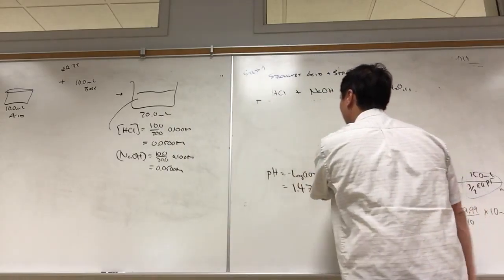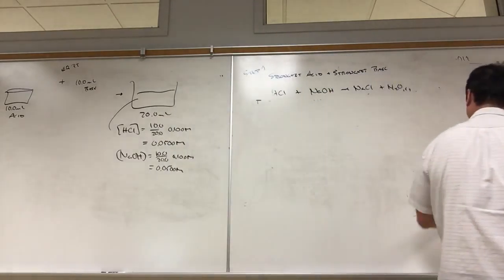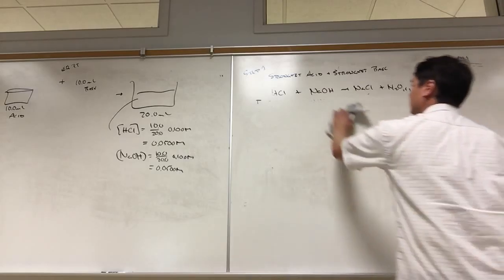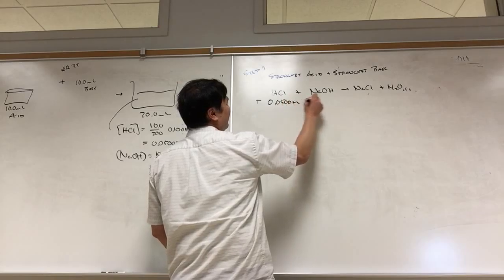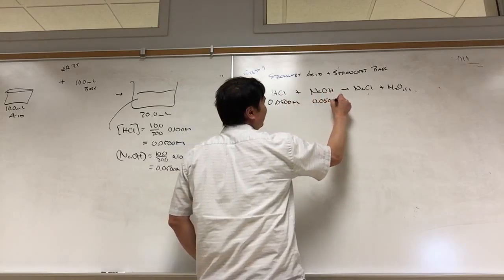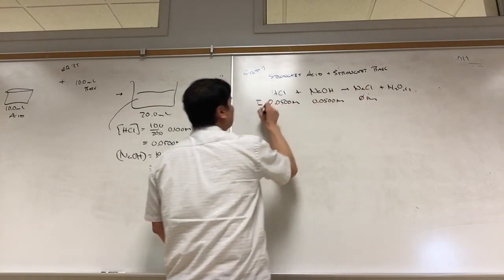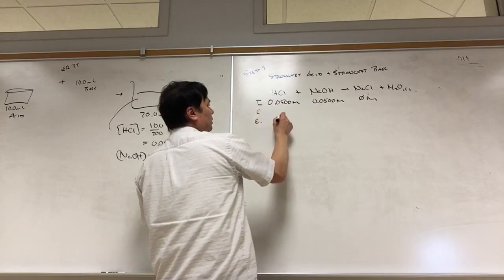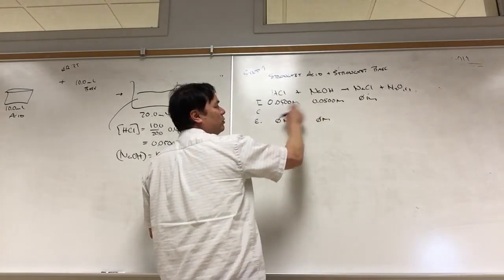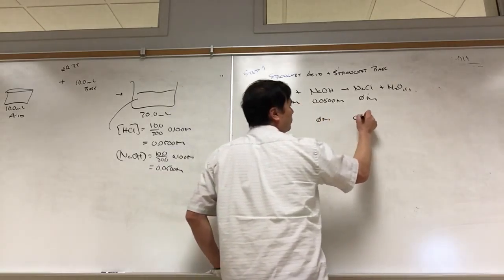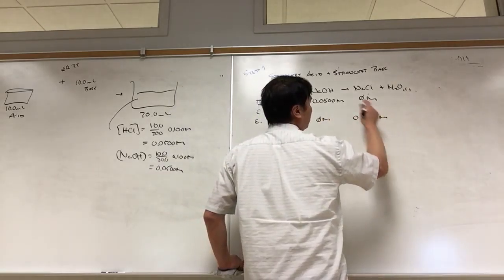So let's go ahead and plug that in up here. This is 0.0500, 0.0500, and 0. Well, it's stoichiometric. This is what the equivalence point means. We have equal amounts. We're going to neutralize each other out, and we're going to be left with 0.0500 molar NaCl.